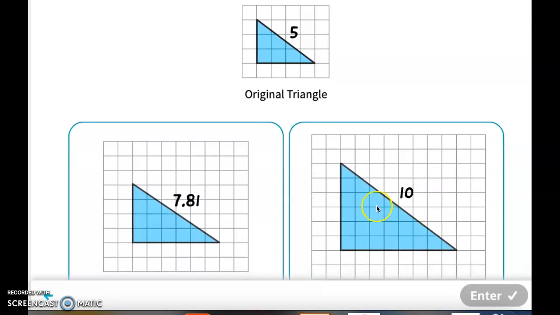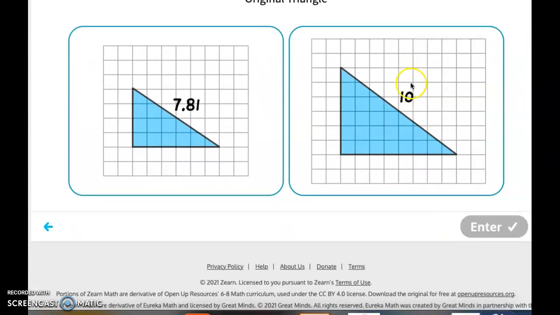Let's make sure that's the case on all 3 sides. From 5 to 10, yep, that's times 2. From 3 to 6, that one's good. From 4 to 8, perfect. This is a scaled copy because we multiplied everything by 2.